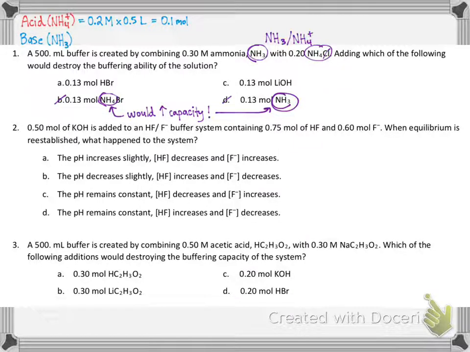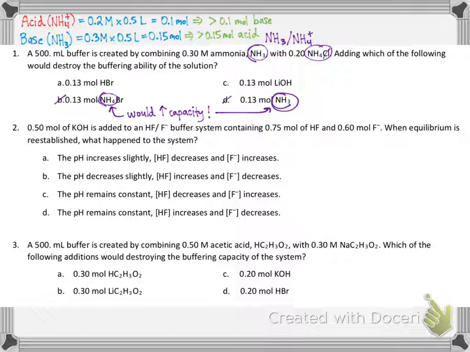Oops, I think I flipped my numbers. I'm sorry, it was the acid that was at 0.2 molar. So that means if you add more than 0.1 moles of base, you're going to destroy the buffering capacity. The base had a little higher concentration. It was 0.3 molar. So basically 0.15 moles of base, which means if you add greater than 0.15 moles of acid, you'll destroy the buffering capacity.